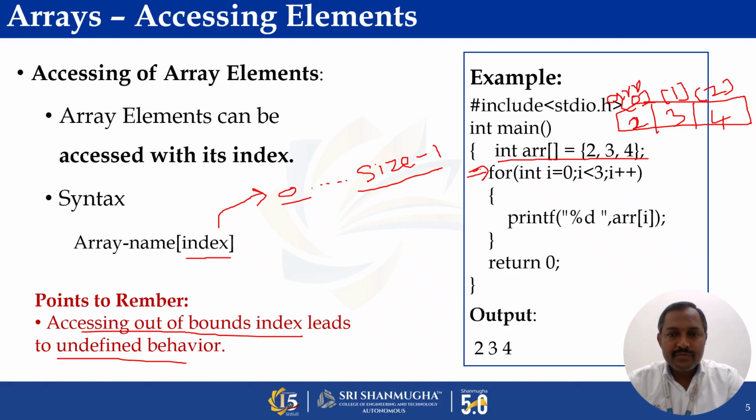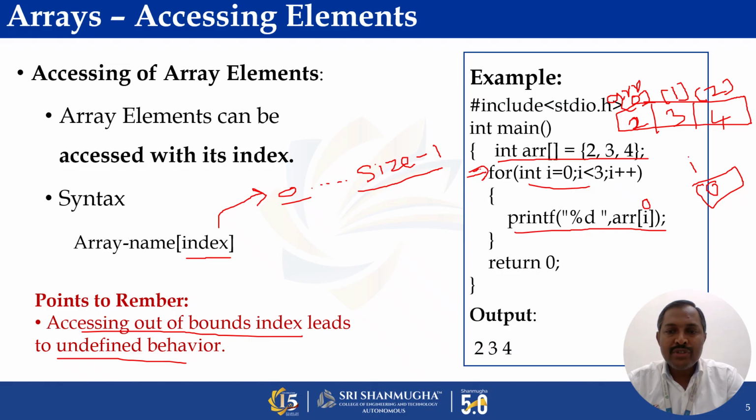Now the loop is going to run. We are going to start with the i value 0. Next, i less than 3. The condition is true, 0 less than 3. Coming inside the loop, we are trying to print an integer value, percentage d, ARR of i. The i value is 0, so ARR of 0.